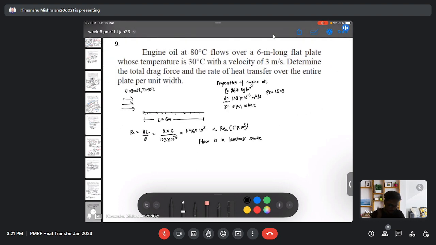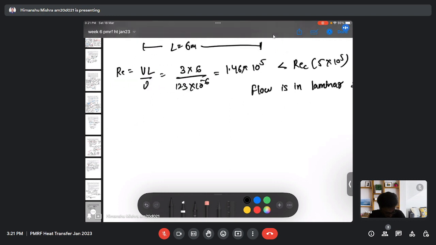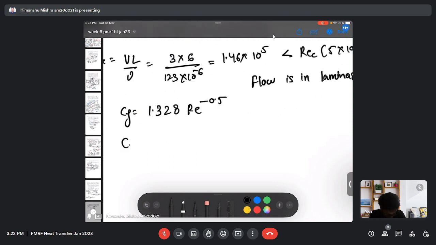So we need to determine the total drag force and the rate of heat transfer. For the laminar flow over the flat plate, we can define the skin drag coefficient as, so we already calculated the Reynolds number.